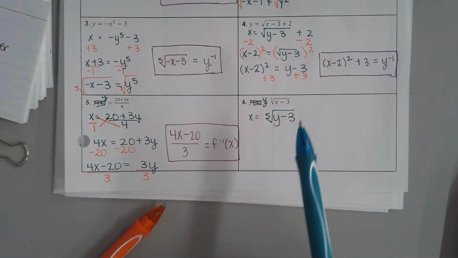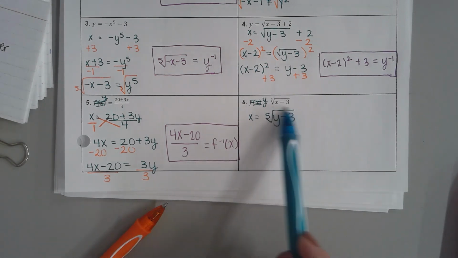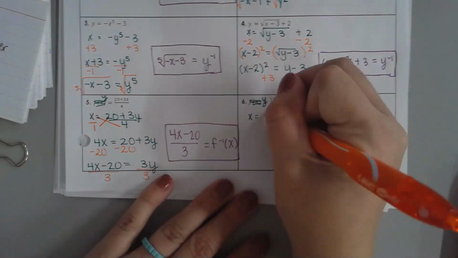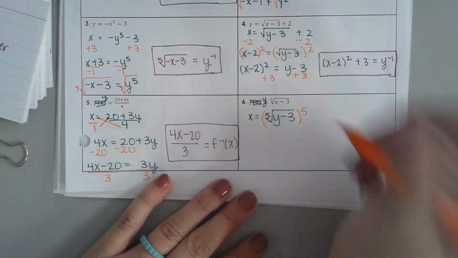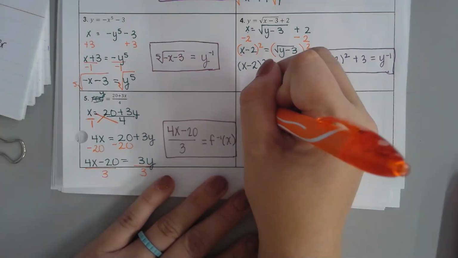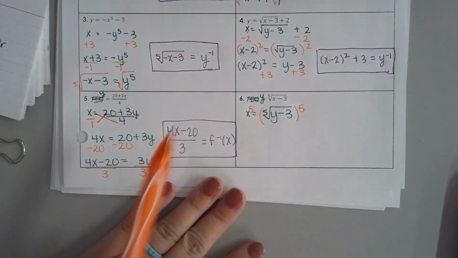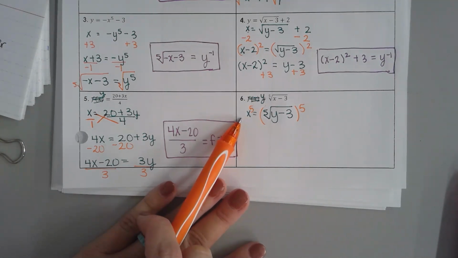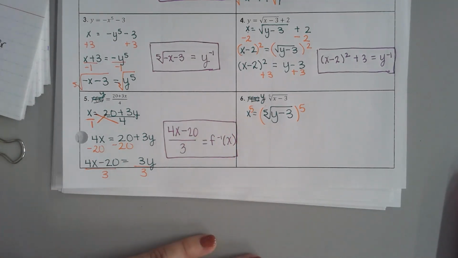So the first thing we've got to get rid of is this fifth root. How do you get rid of a fifth root? Raise it to the fifth power. That's going to get rid of the fifth root. But if I'm going to do that to one side, I've got to do it to the other. If all you have is an x, you don't necessarily need to put that in parentheses.